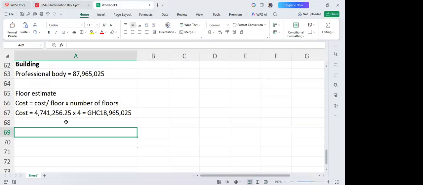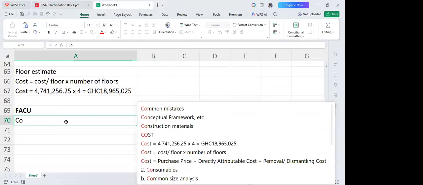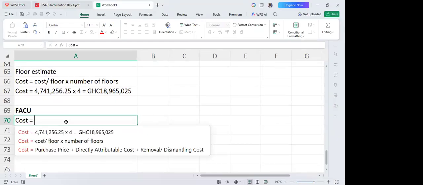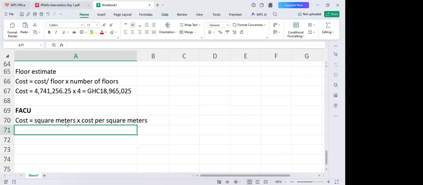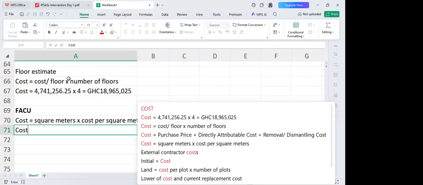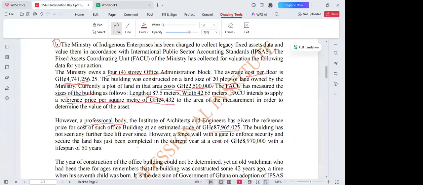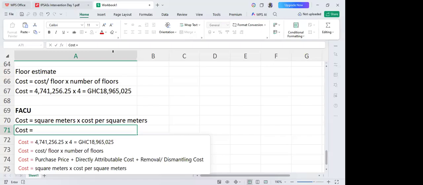We use the floor area, the square meters, and multiply by the cost per square meter. How do we get the square meters? It's length times width.